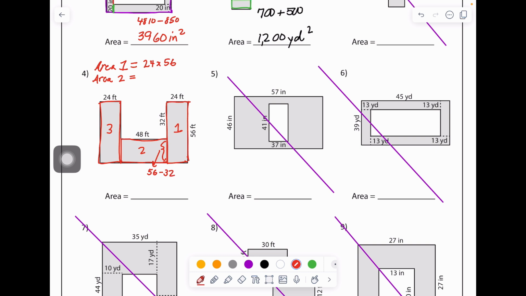So for that one, it's going to be 48 by 24. That's the 56 minus 32. And then the area for 3 is just like 1, 24 by 56. If I total area 1, area 2, and area 3, all 3 of those together, that's going to give me 3,840 square feet.